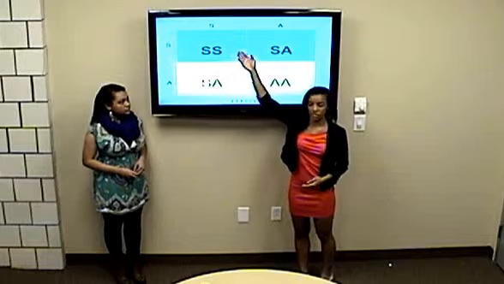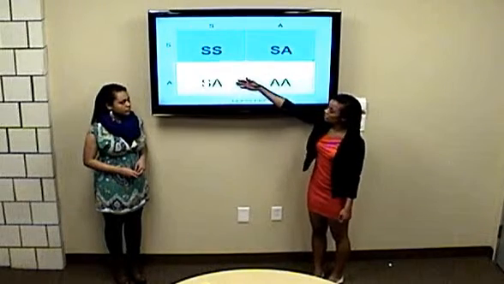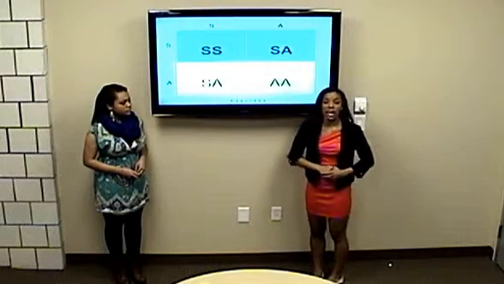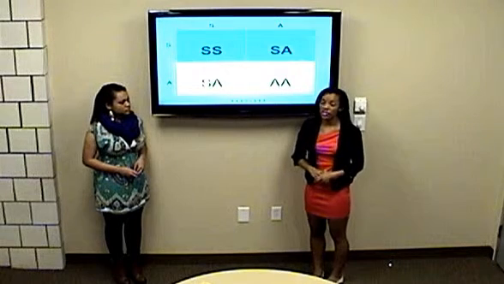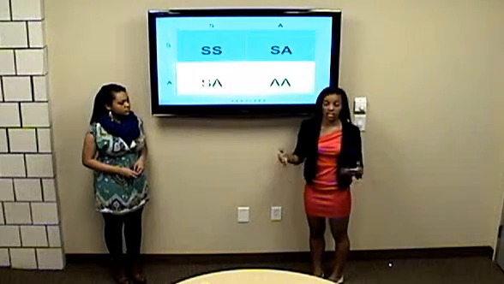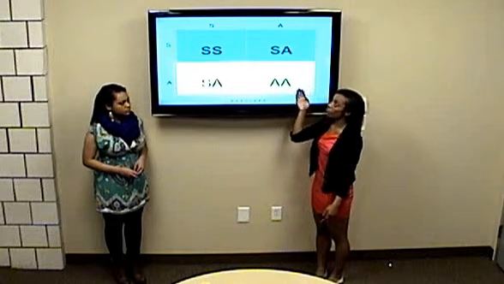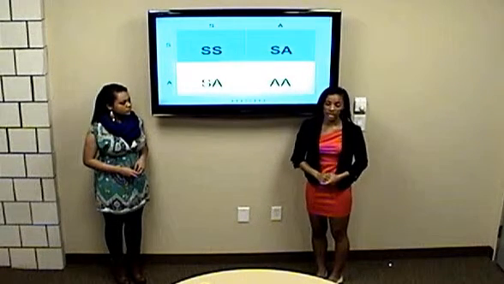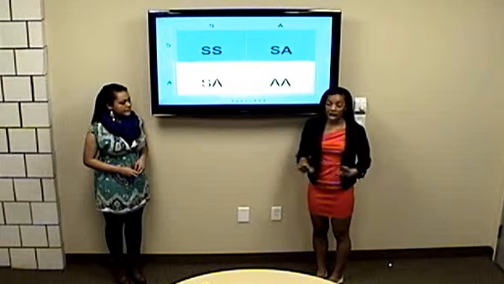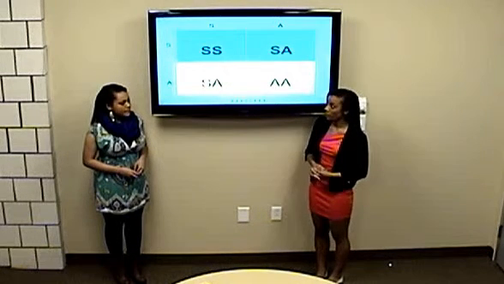which means both recessive genes. As you see, we have 2 SAs, which means that there is a 50% chance that their offspring will have the sickle cell trait like their parents. And also here we have an AA, which means that there is a 1 in 4 chance that their offspring will not have sickle cell anemia at all.